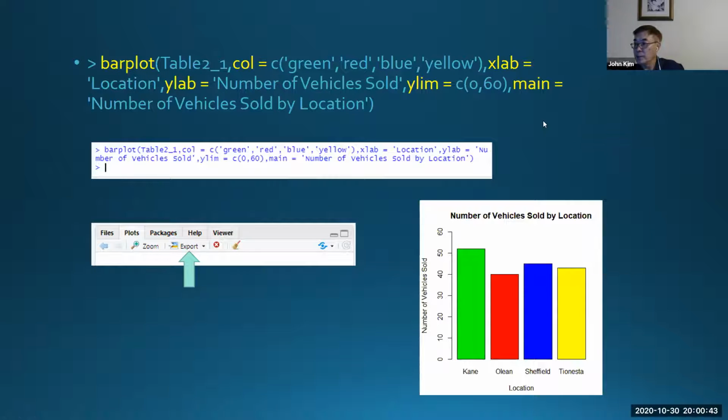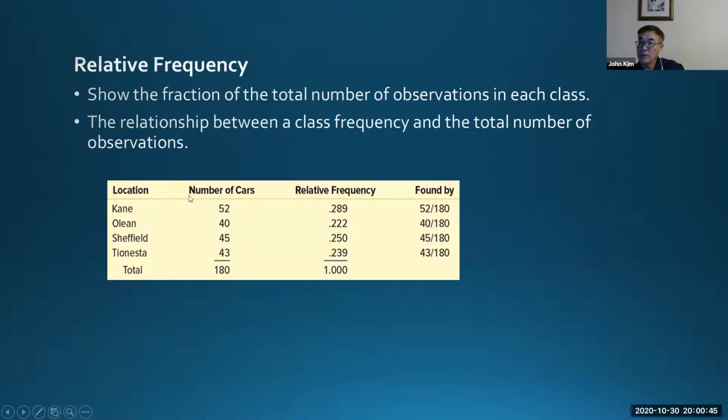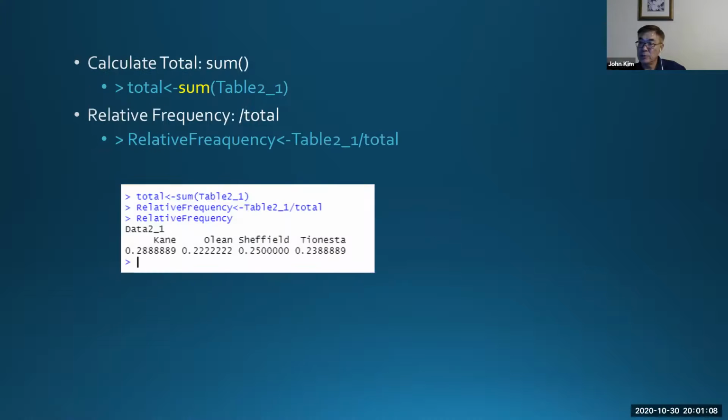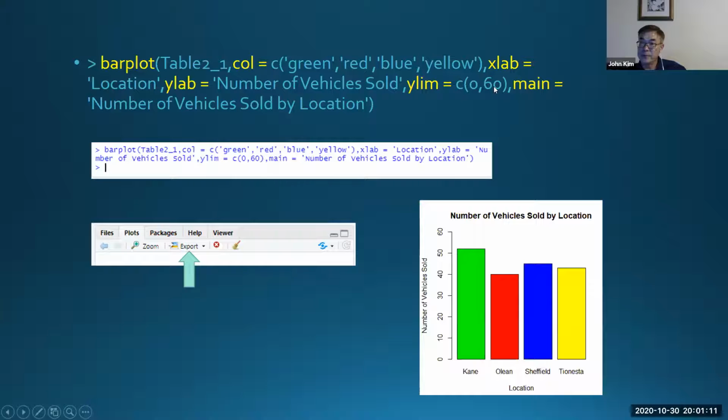go back to the data set. So Kane is 52, 40, 45, 43. So the most frequent category is 52, so more than 52. So we can give a range from 0 to 60.